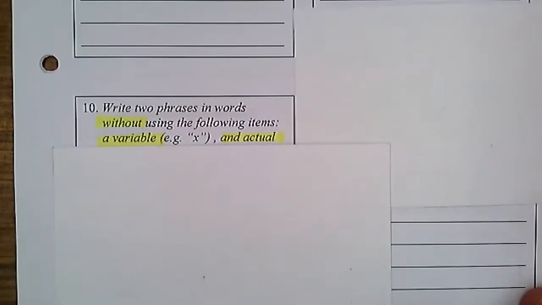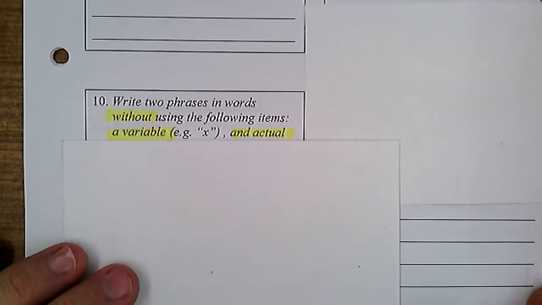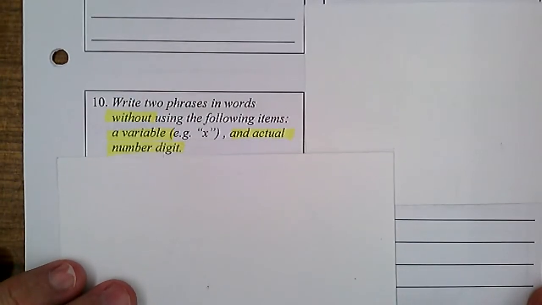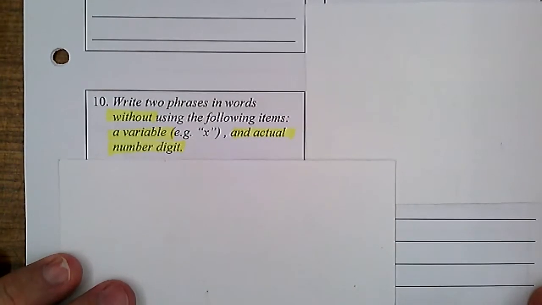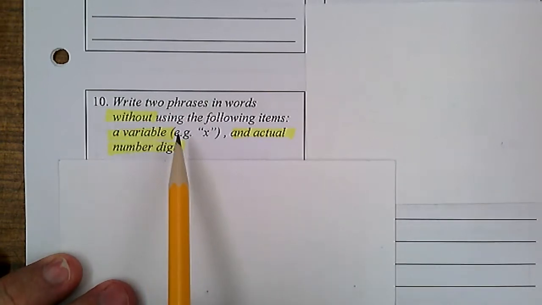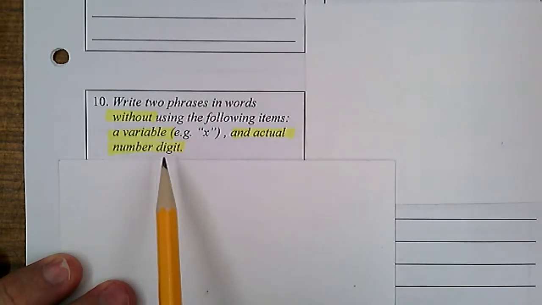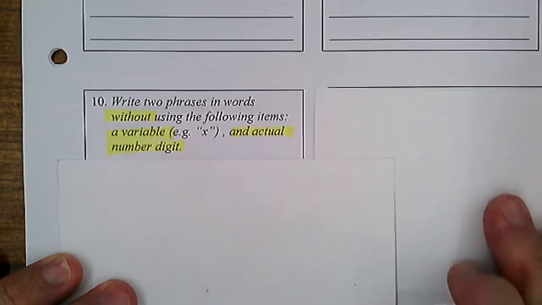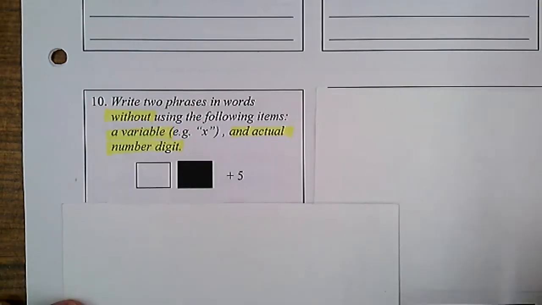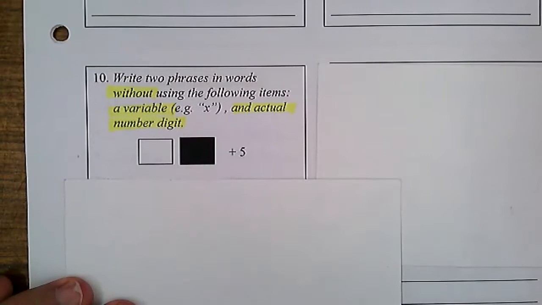Okay, number 10. Write 2 phrases in words without using the following items. You can't use a variable, and you cannot use an actual number digit. Okay, so on this one, a little different. Those of you that have worked with tiles before, if one tile is light and one tile is dark, what does that typically indicate?